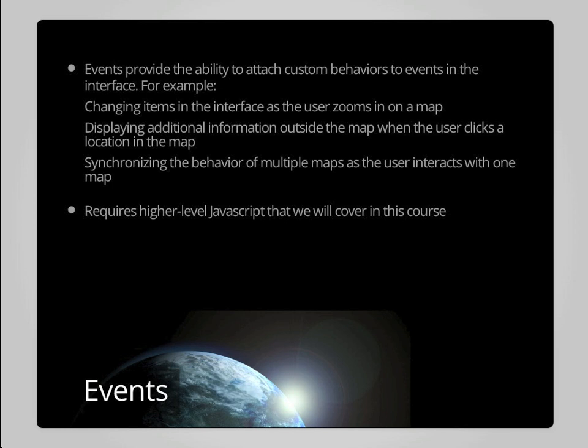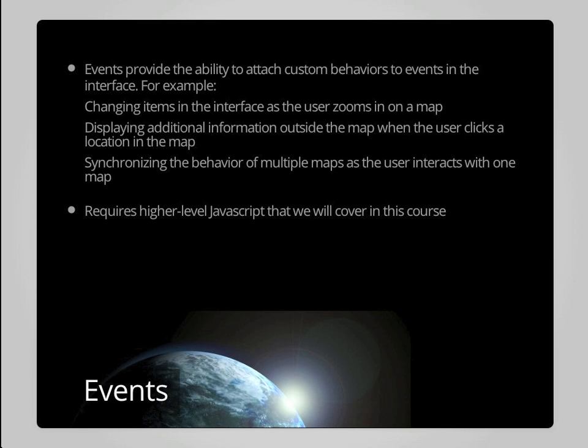This is sometimes used when you might want to have a sort of control map that users actually can pan and zoom, but you might have some slave maps that the user doesn't directly interact with, but might be showing different data based on the state of the master map.